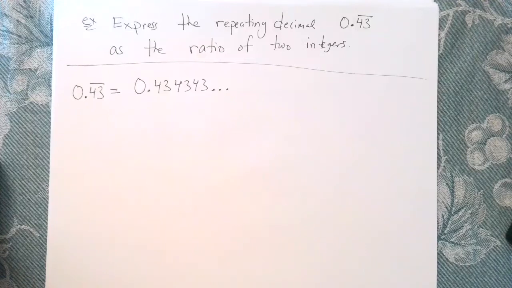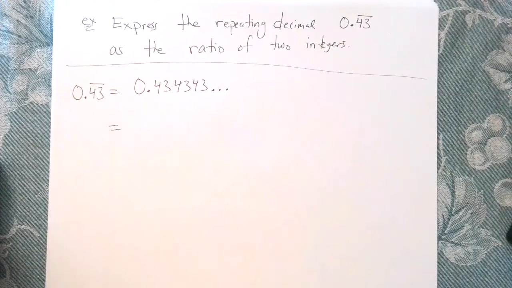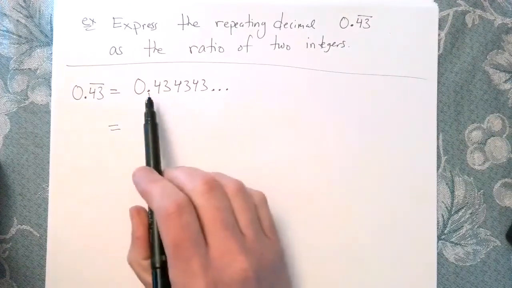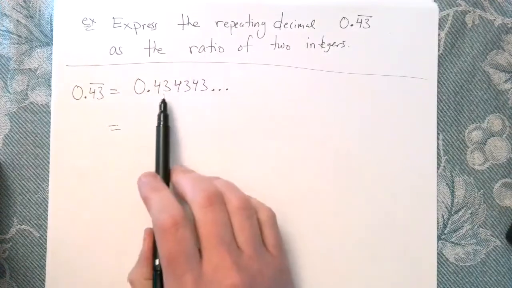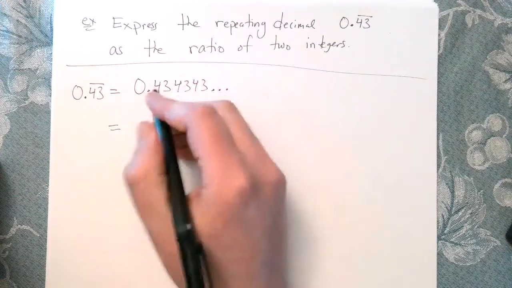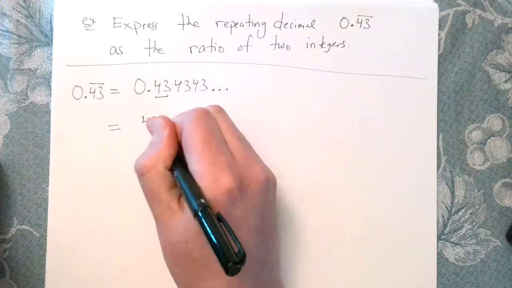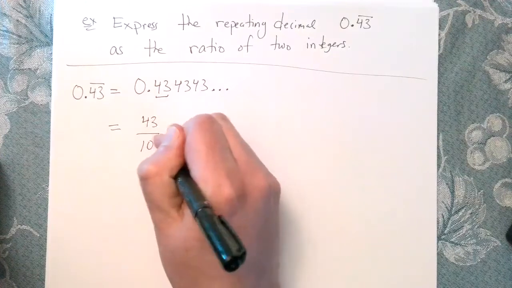Okay, well, that seems fine. So let's see if we can write this as an infinite sum, aka as a series. Well, if I want to write this as a sum, notice that the first bit of repetition stops in the hundreds place. So for this portion right here, that's 43 over 100.